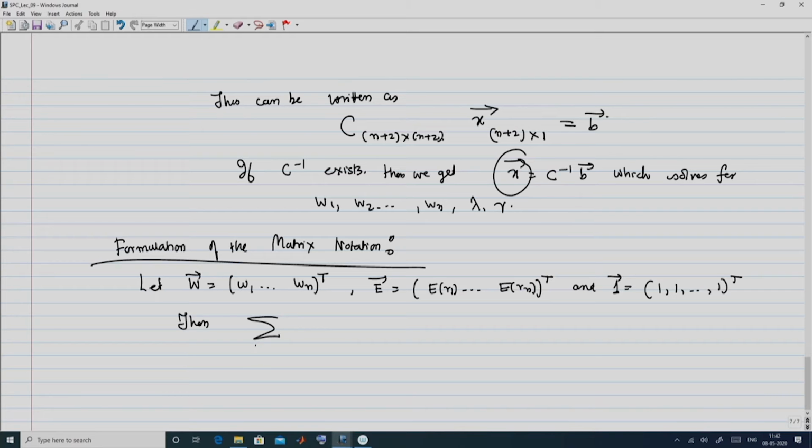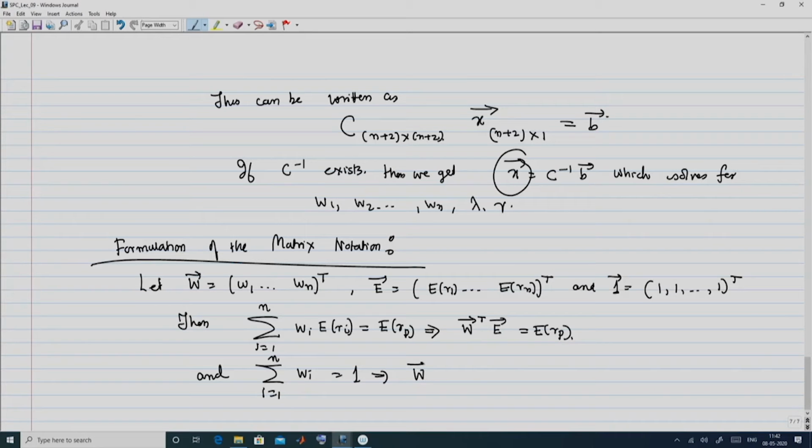Then how will the two constraints look? Let us look at the first constraint, that summation Wi E[Ri] is equal to E[Rp], and this can be written as W vector transpose times vector E equal to E[Rp]. Likewise, the other constraint, that summation of Wi, i equal to 1 to n, is equal to 1, implies that W transpose times the one vector is equal to 1.